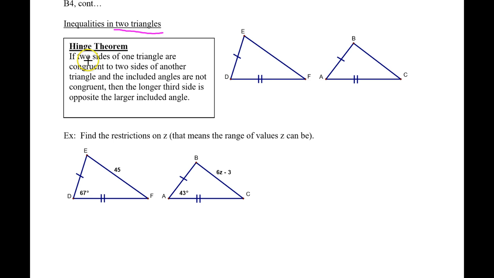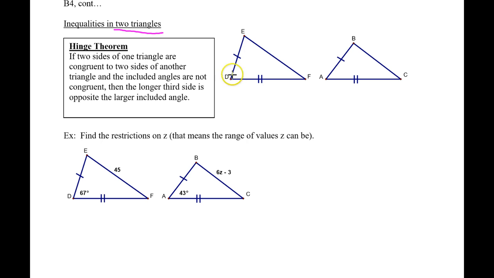It says, if two sides of one triangle are congruent to two sides of another triangle, and the included angles are not congruent, then the longer third side is opposite the larger included angle. Kind of wordy. Let's look at a little example over here.